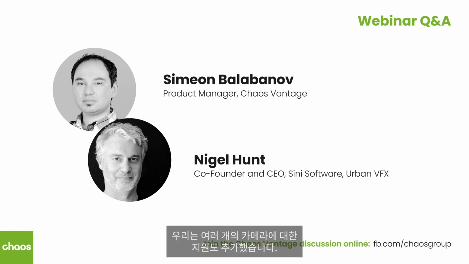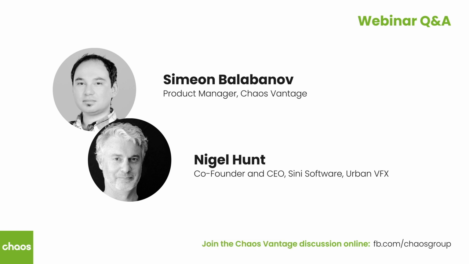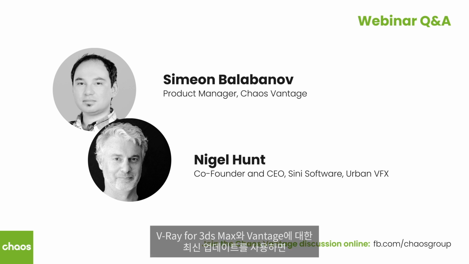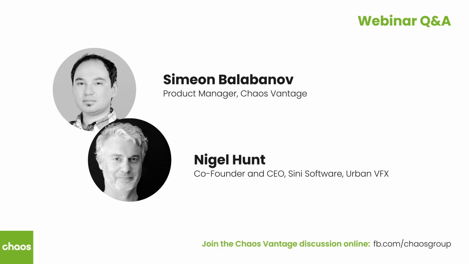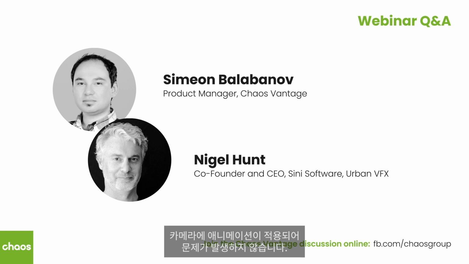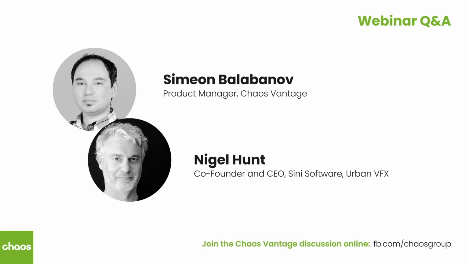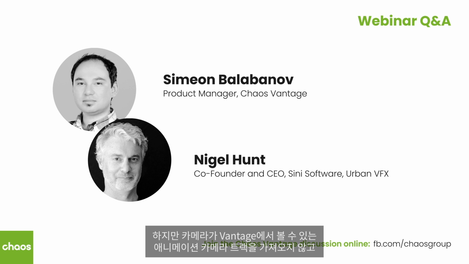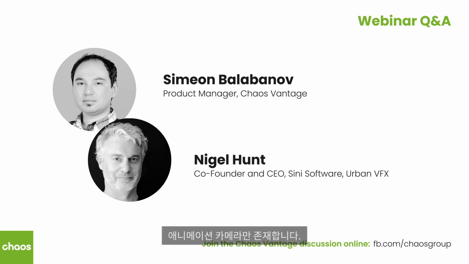We even added support for multiple cameras with the latest update of V-Ray for 3ds Max and Vantage. You should be able to get many cameras as well. The cameras are animated. There shouldn't be an issue, but they will not populate the animated camera track that you see in Vantage. They will be just an animated camera, and that would be the issue here.